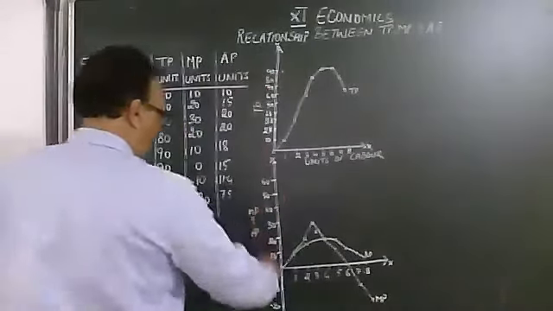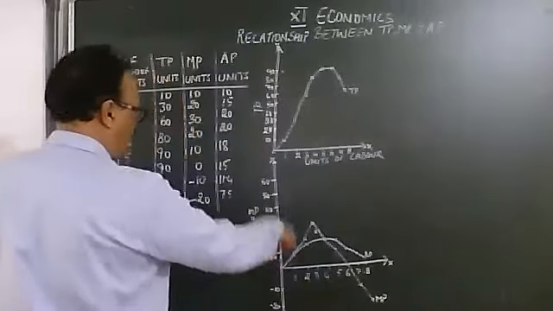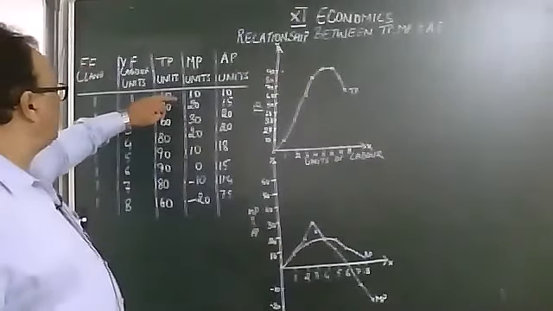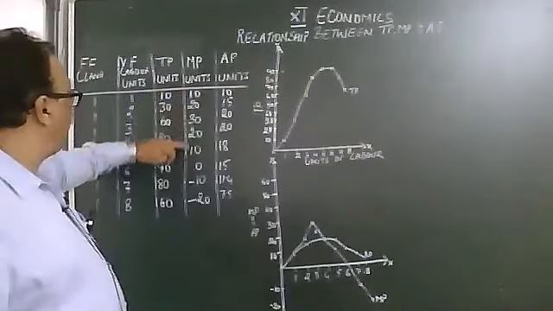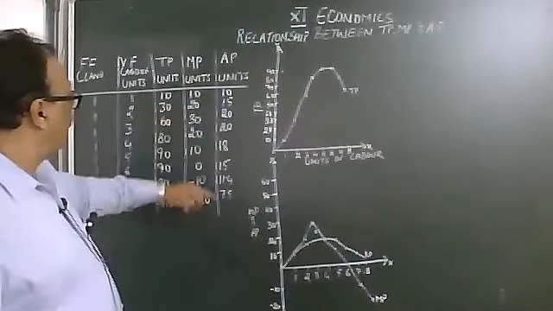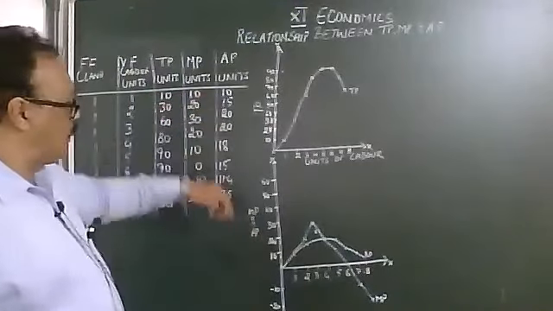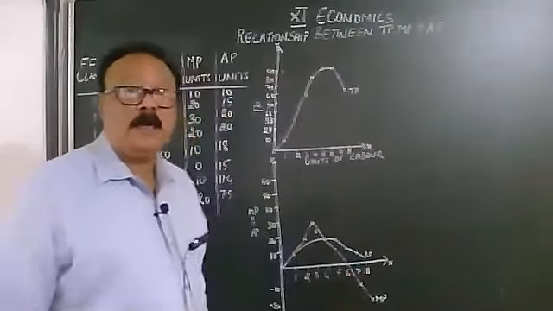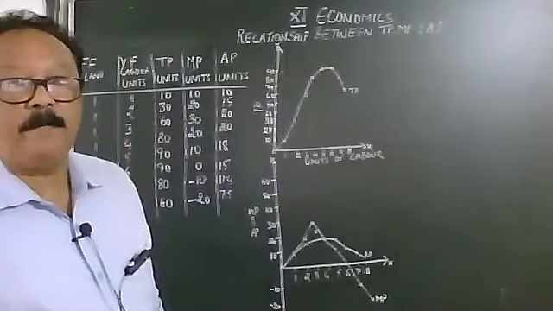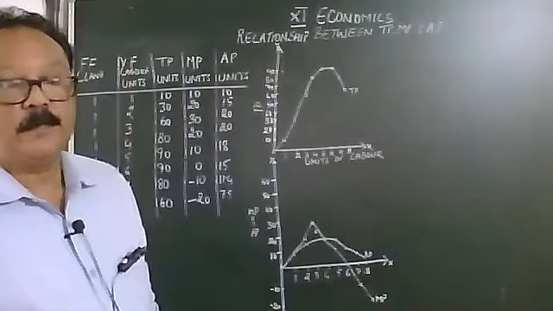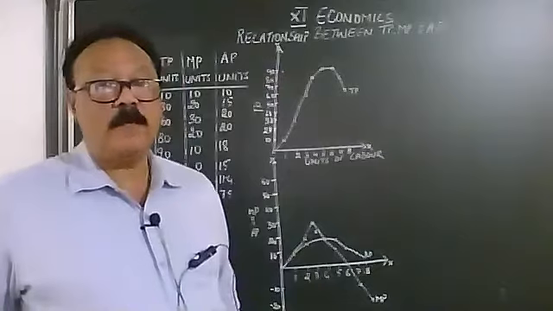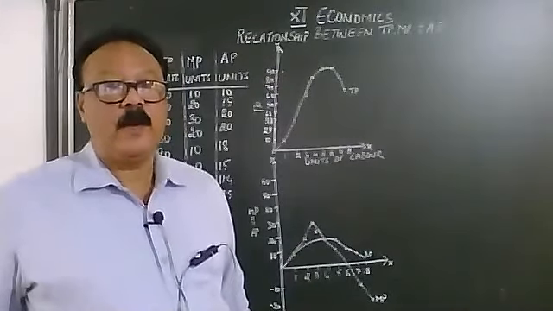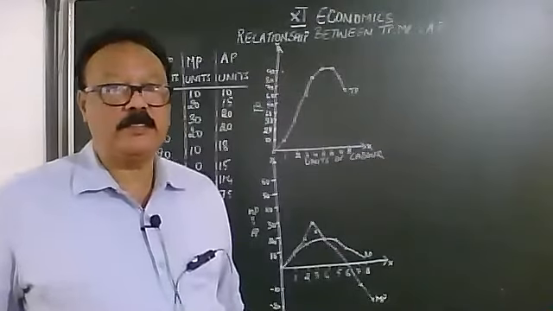You plot on the x-axis again units of labor, on y-axis we will plot MP and AP. MP begins from 0 and goes up maximum to 30 here. Here also AP goes up to 20. So draw both of them and then we will give the relationship. Is that okay, children? So this diagram has to be done in your copy. And all diagrams will be drawn with your pencil.